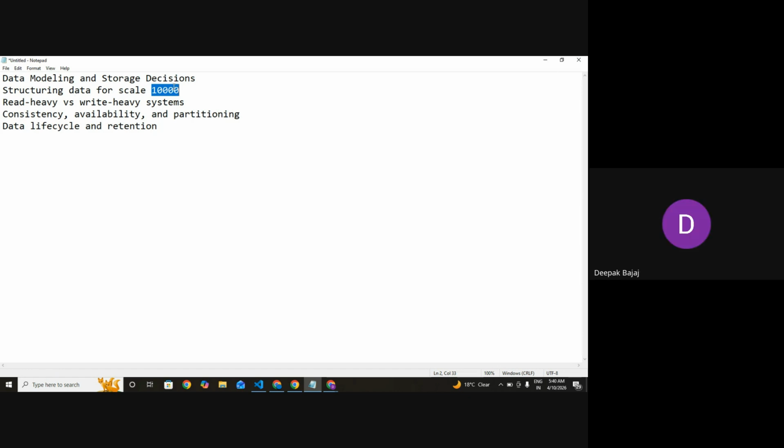So what is this? Read heavy versus write heavy. Read heavy is where a huge number of users are accessing my application data.